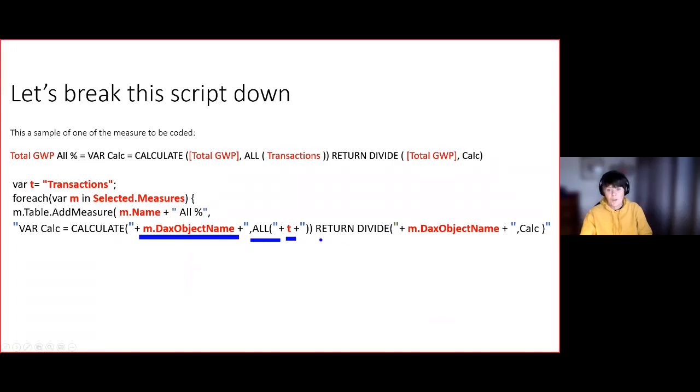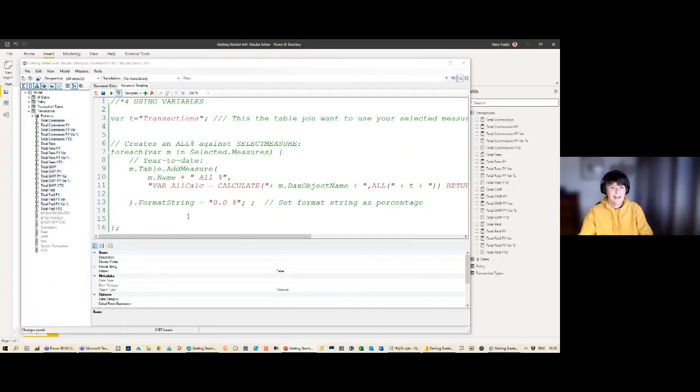And then what do we want to do? We want to return the total GWP and then finish that off with the divide into the calc. Okay, so that's how you do it. It's easier than you think if you just go nice and slow and do that.